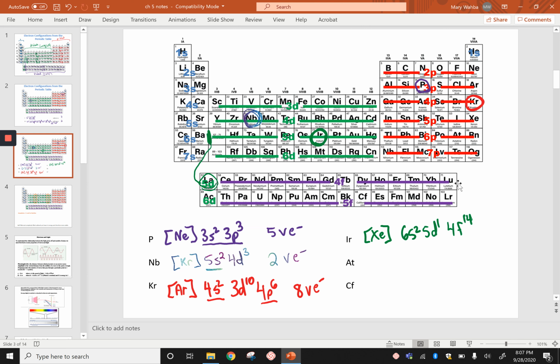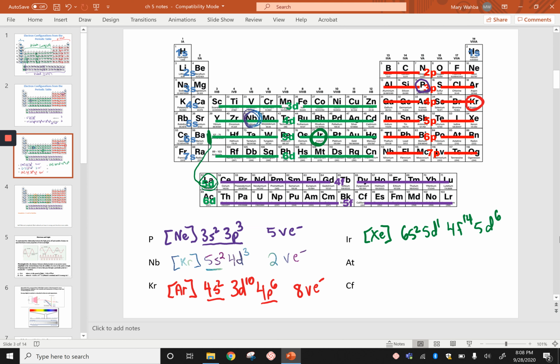When this ends, you go back here, and then you have 1, 2, 3, 4, 5, 6 more boxes that are in the 5d. So it is acceptable to write it this way. This is totally fine. However, since we have 5d1 here, and then 6 more 5d boxes, we can combine these to make them 5d7.